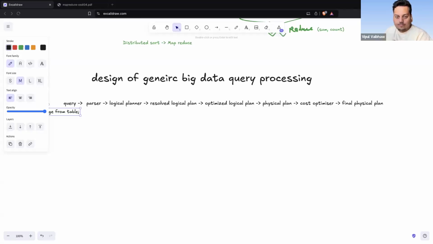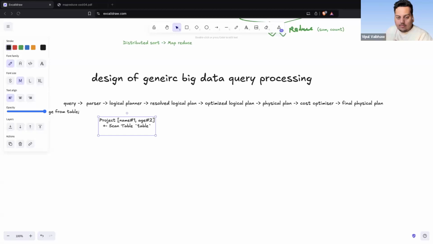Logical plan for this query. Yeah, so this is an example of a logical plan which gets generated.